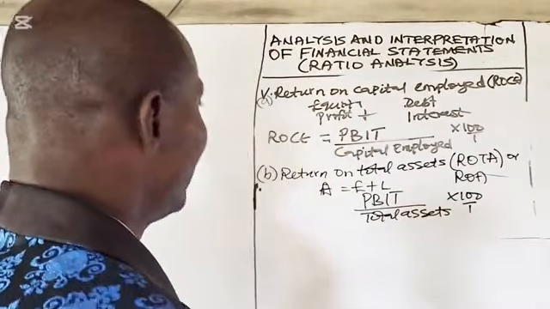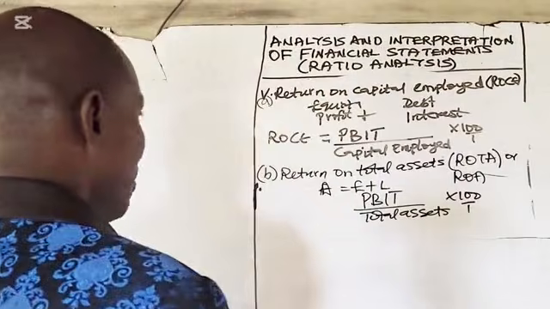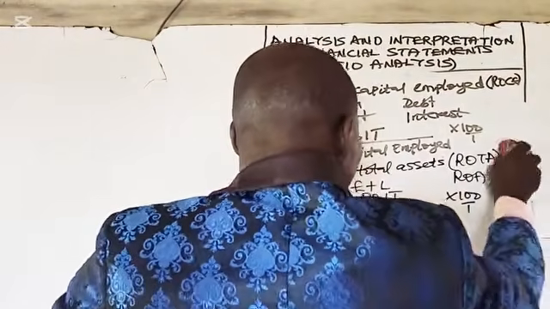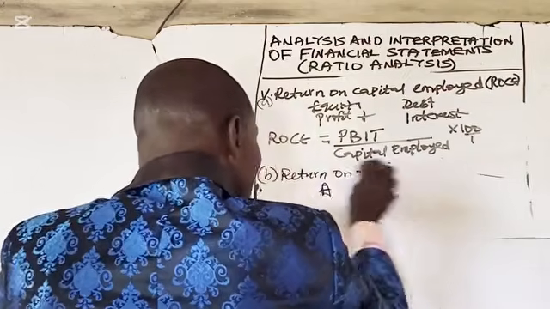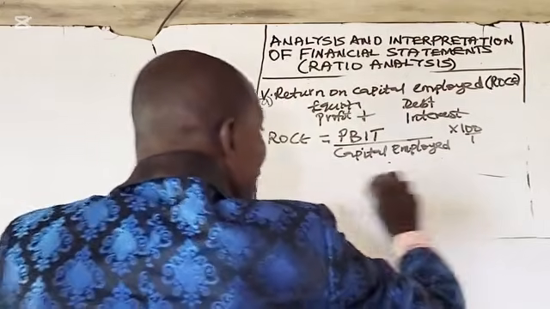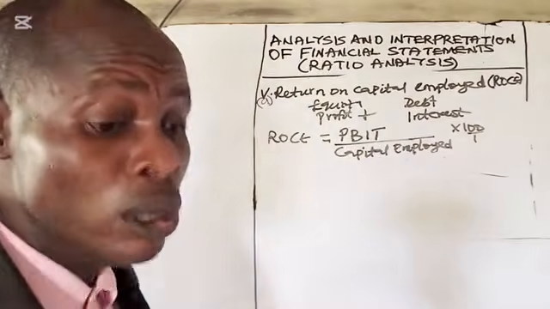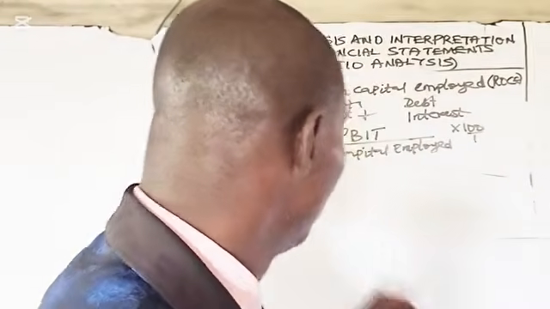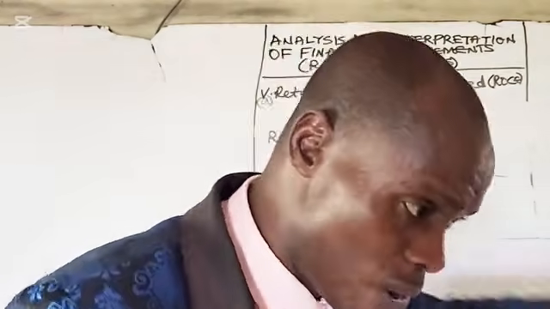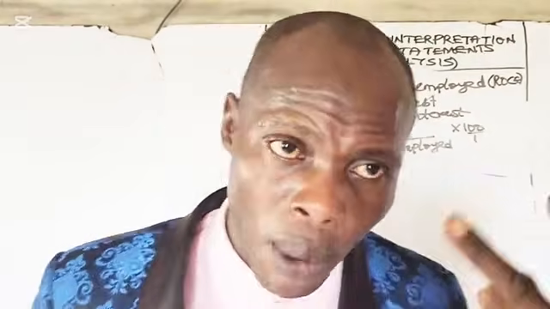Since it is a measure of two things, remember I've talked about the measure of profitability, which is operating profit margin, and I've equally talked about the measure of efficiency in utilization of the asset, which is asset turnover. So two things will be used.